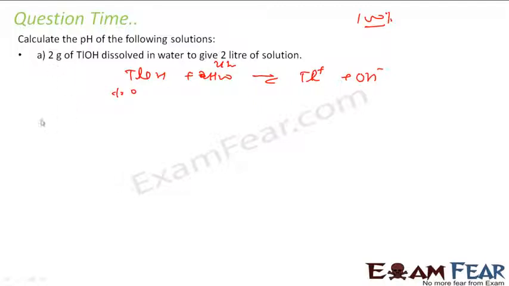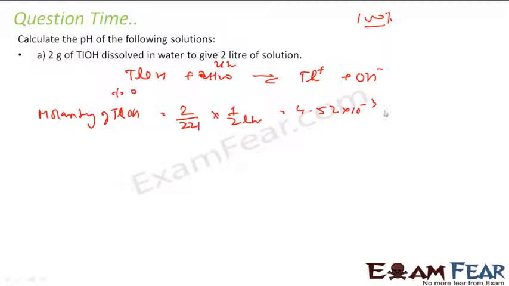So first you have to find the molarity of TlOH. TlOH is nothing but 2 by, since it is 2 gram, 2 by 221, because 221 is the molecular mass, into 1 by 2 liters, right? Moles per liter. That is nothing but 4.52 into 10 to the power minus 3 moles per liter, or M.